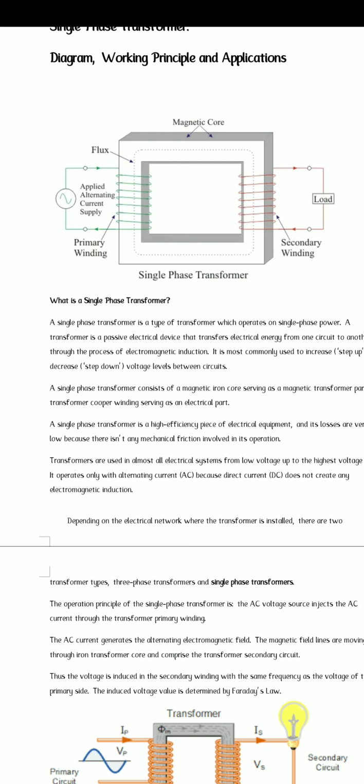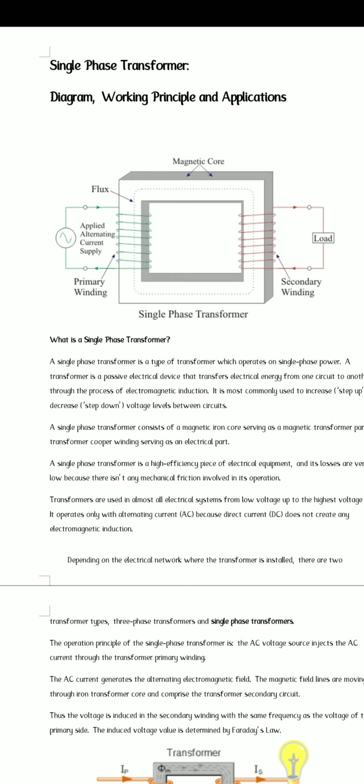Sometimes isolation transformers have three limbs, two side limbs and one center limb, and the center limb alone has the windings. In a normal single phase transformer there are two limbs, and the two limbs are occupied by the two windings. One is called primary, another is called secondary, as shown at the top of the figure.